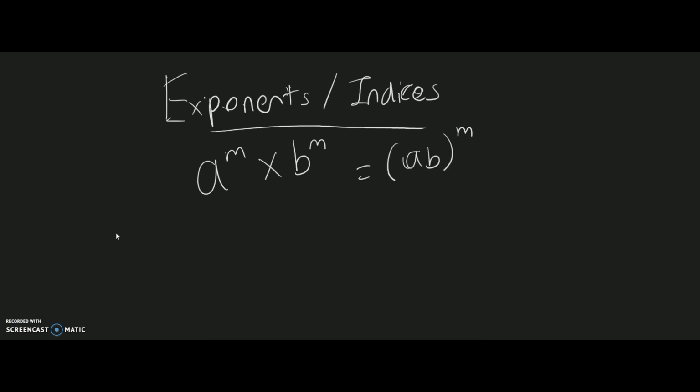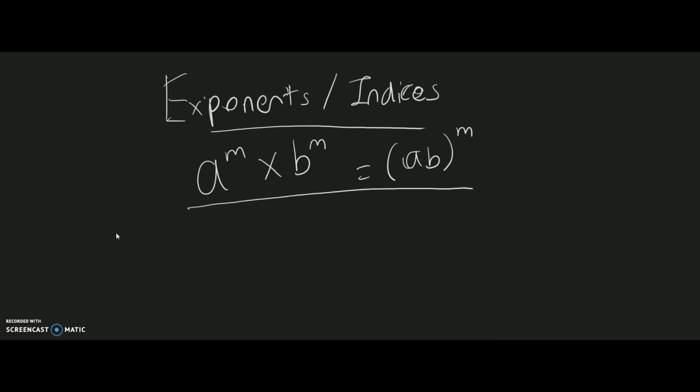This pertains to law number 3 where we have an exponent inside the bracket and the whole thing to the power of a different number. So a to the power of m, different base, a and b are different bases, but the indices are the same, denoted by m. So when a to the power of m is multiplied by b to the power of m, it can be represented as ab, the whole value to the power of m.